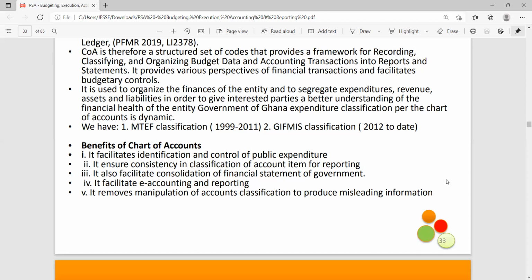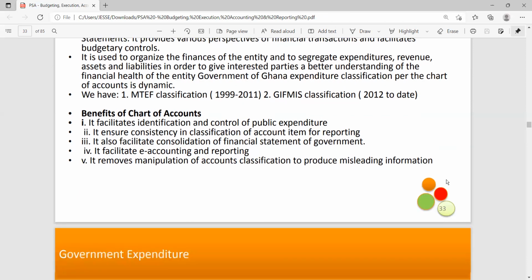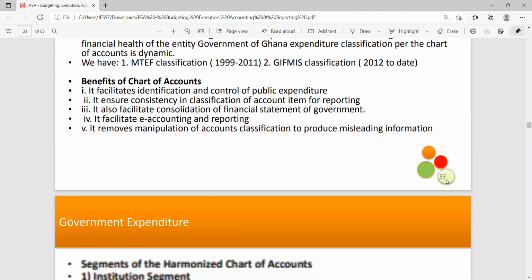When there's a structure in terms of classification, in terms of organization, it removes those forms of manipulation because you can't just classify transactions anywhere. There's a strict structure that determines that. And so it removes manipulation of account classification and therefore limits the production of misleading information.